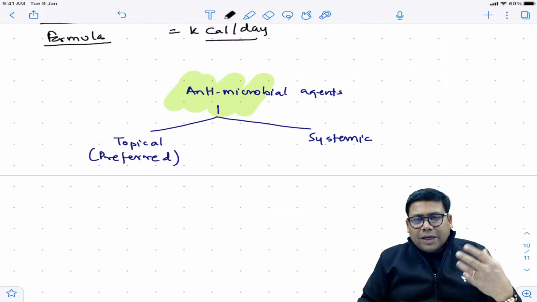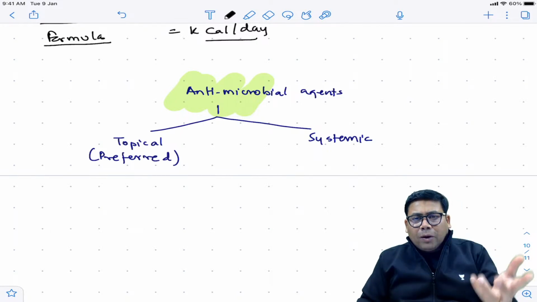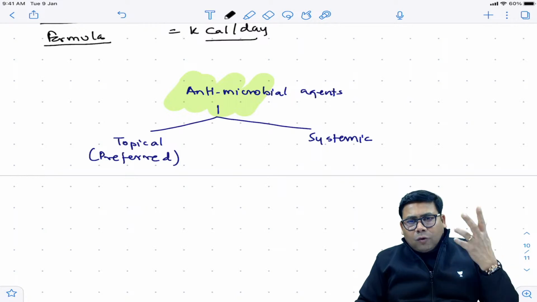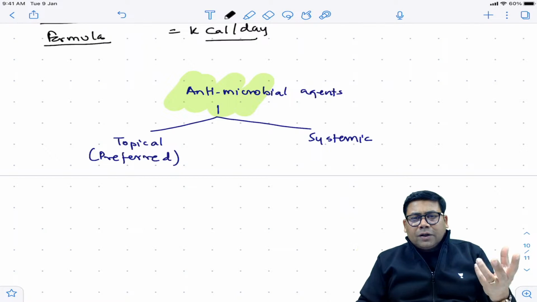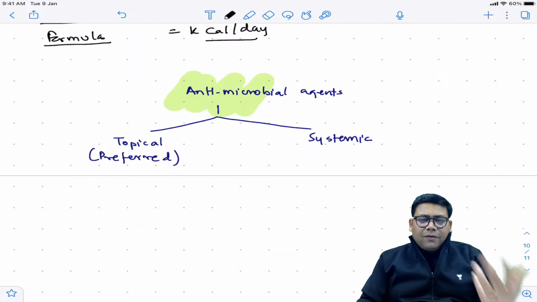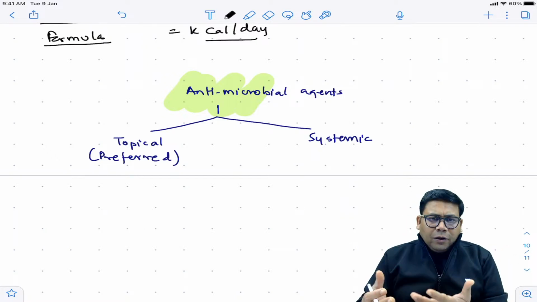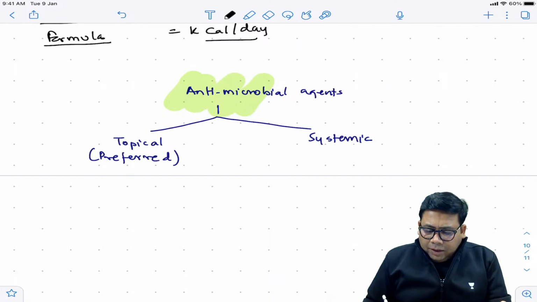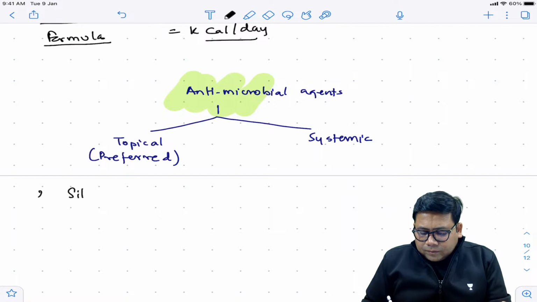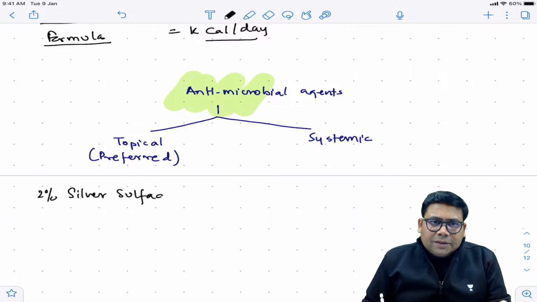The examples are hyaluronic acid, Dakin solution, 1% acetic acid. And then what are salves? You put the dressing and you change it every day. Silver sulfadiazine, silver nitrate, sulfamylon, all those things are your salves. So remember silver sulfadiazine, 2% silver sulfadiazine.